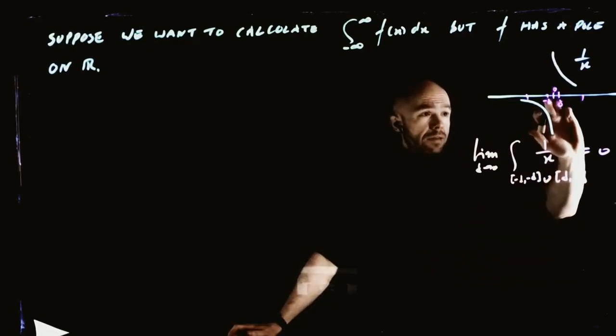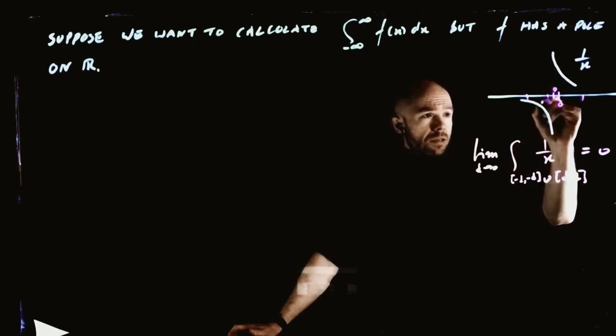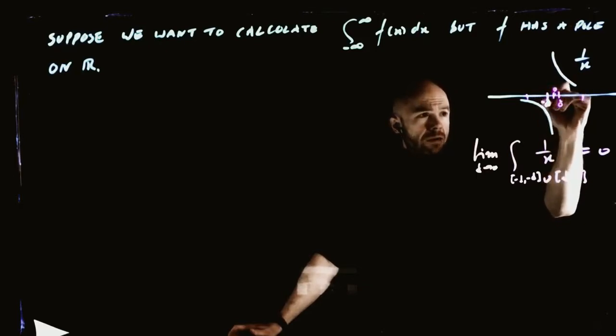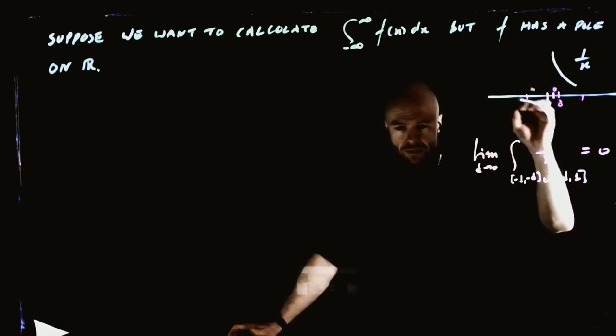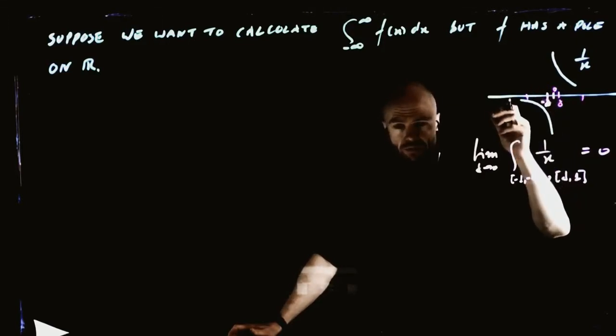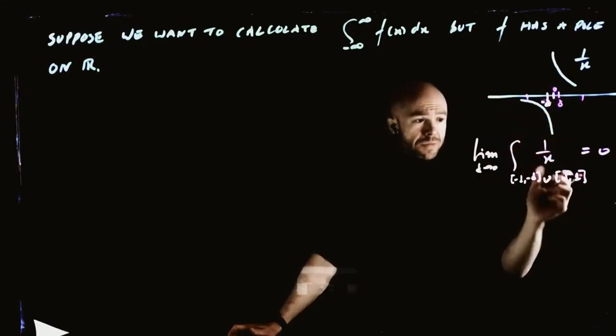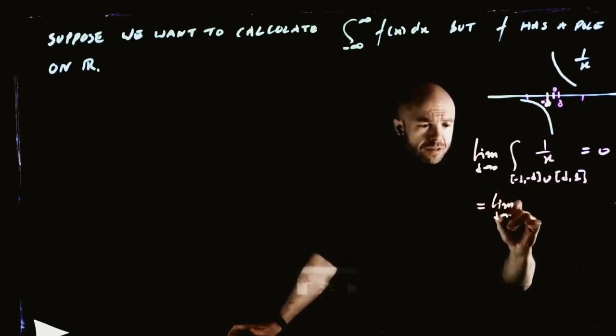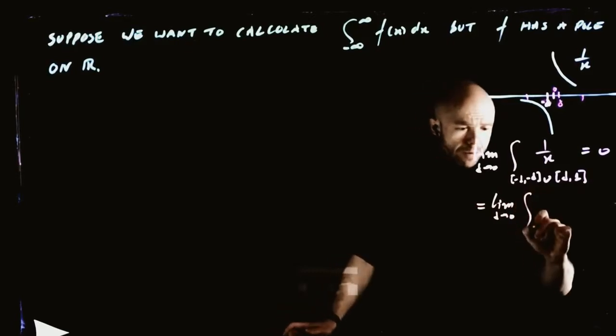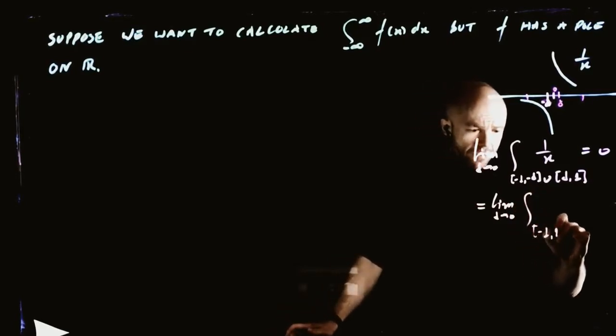But we can instead insist that we simply exclude a little ball around the singularity, or a little interval around the singularity. Because if we exclude a little interval around the singularity, then it is a meaningful integral. And if, as we let the size of the interval go down to 0, we still get a meaningful answer, then that's what we define the answer to be.